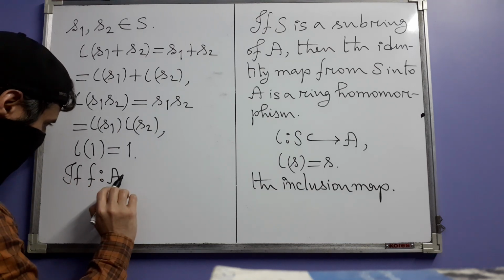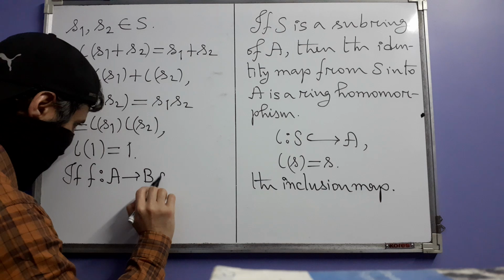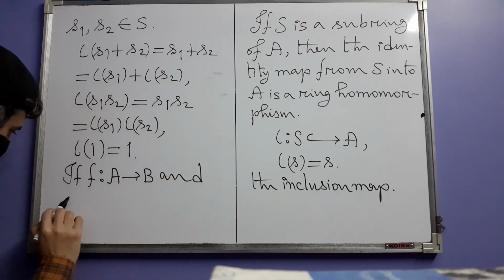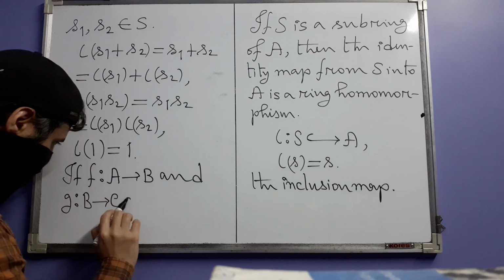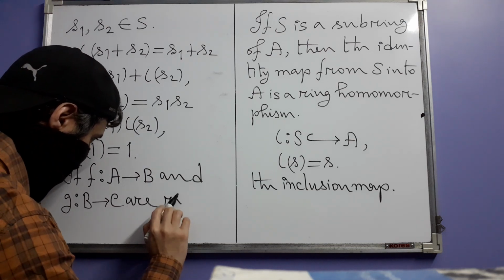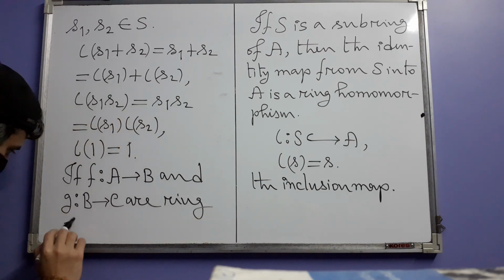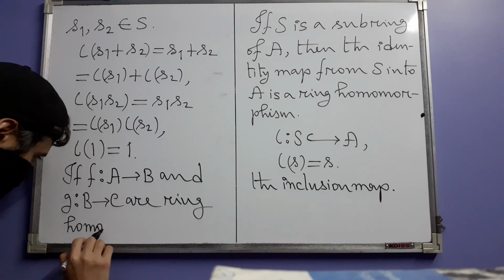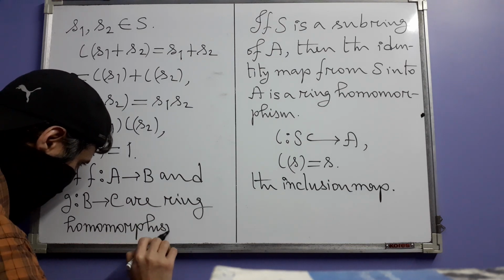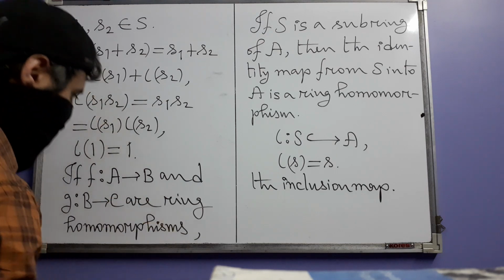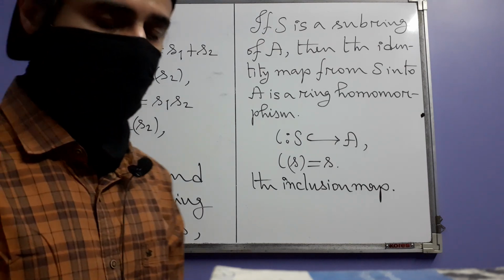If f from A to B and g from B to C are ring homomorphisms, then so is their composition.